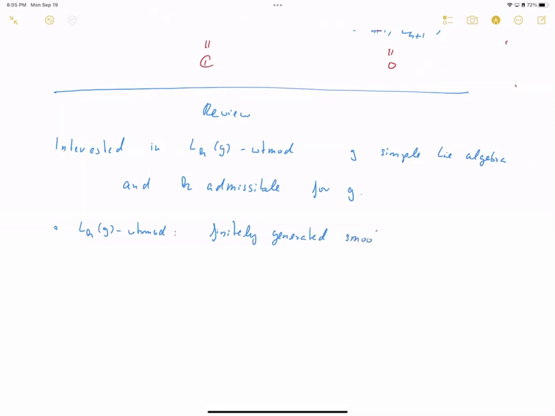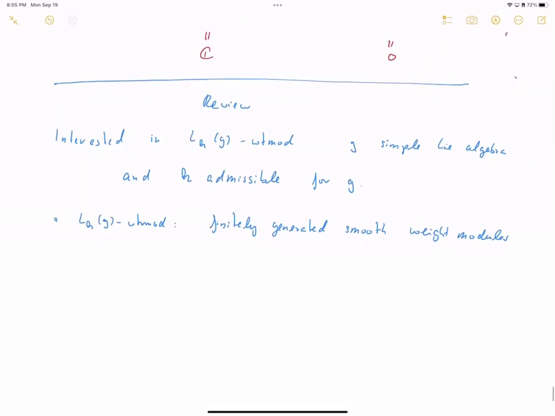Smooth is the condition that they are modules for the affine vertex algebra, for the universal one. And then weight is the condition that the Cartan subalgebra acts semi-simply. The weight space is bigraded by a generalized conformal weight and Cartan weight, and the weight spaces need to be finite dimensional. And then, of course, we also want them to be modules for the simple quotient.